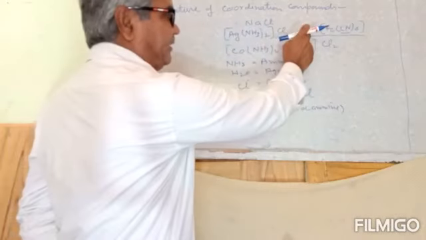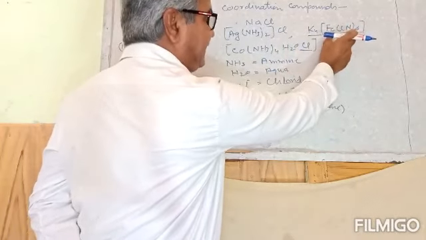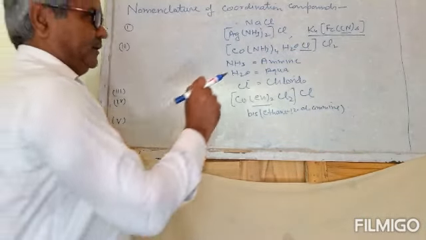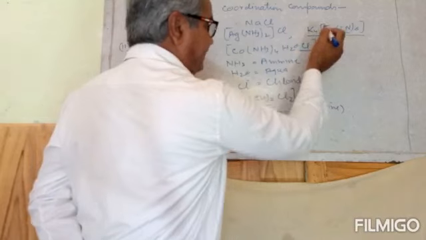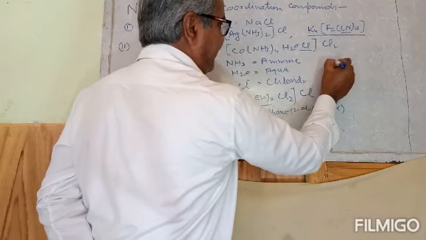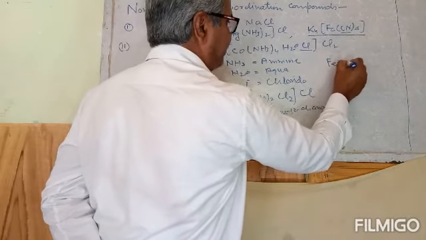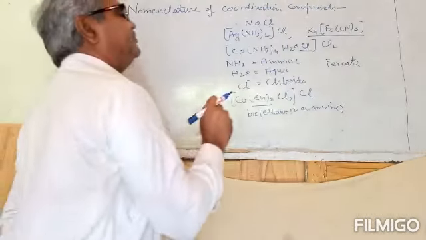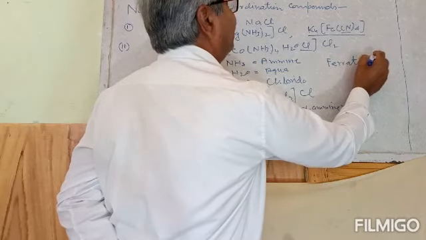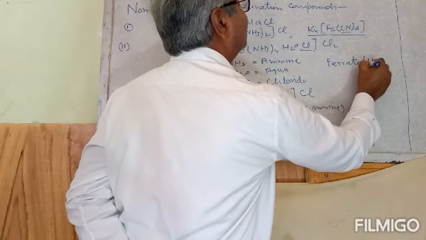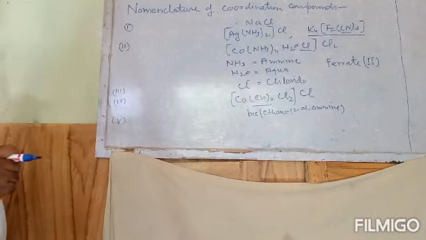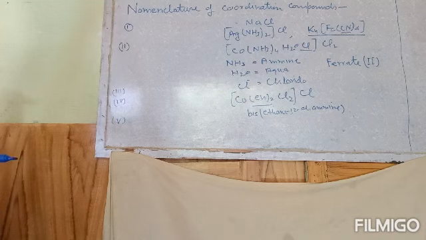Potassium is the cationic part and the coordination sphere is the anionic part. So here the metal will be named as ferrate, F-E-R-R-A-T-E, ferrate, followed by the oxidation number, which is 2, ferrate(II). Potassium hexacyanidoferrate(II).